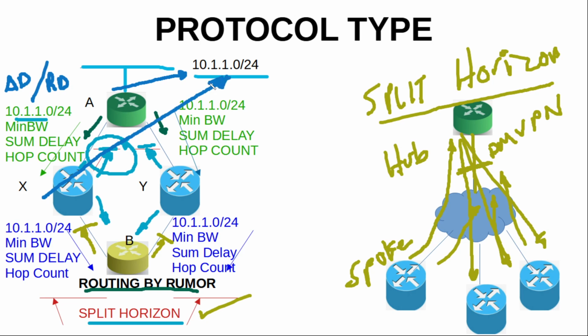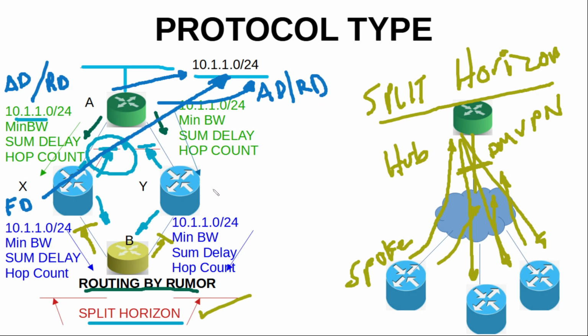It is going to look after the best metric, and it is going to call that the feasible distance. Something similar happens when the update arrives from the green router A into blue router Y. It is first going to calculate the metric from the green router A standpoint, and it is going to call that the advertised distance or reported distance.